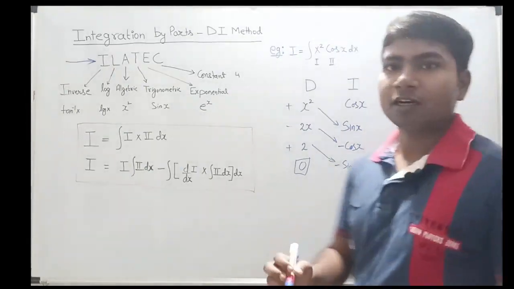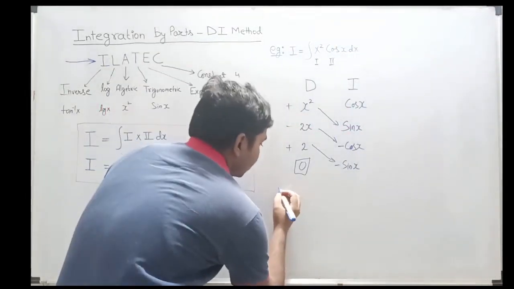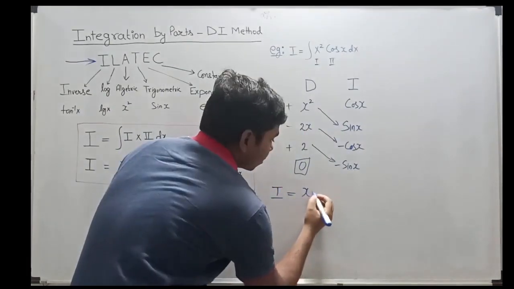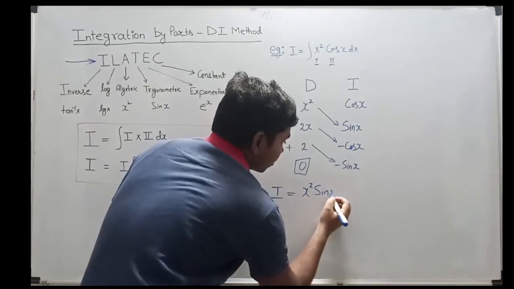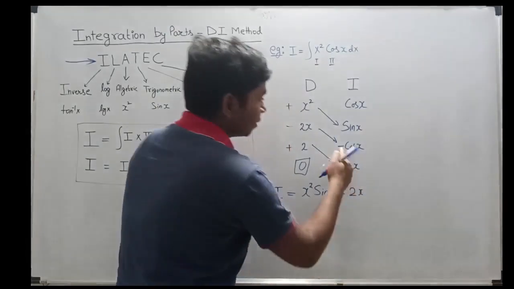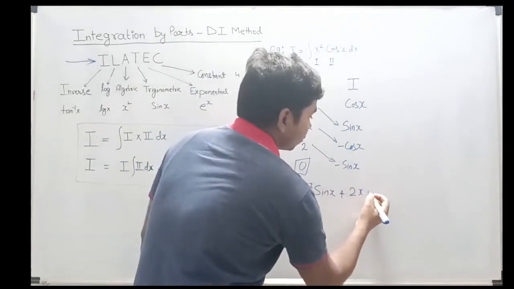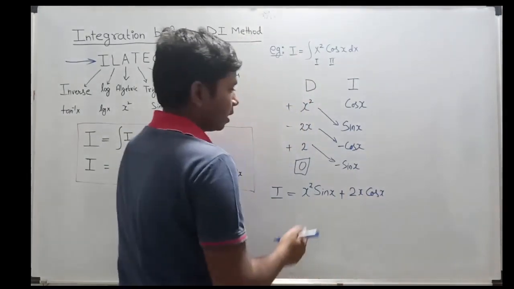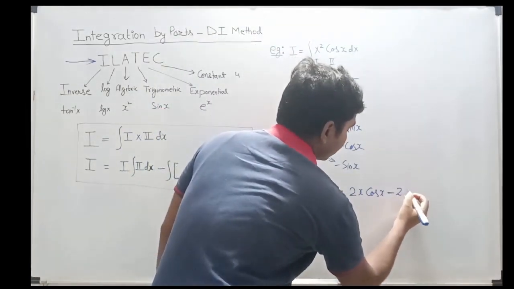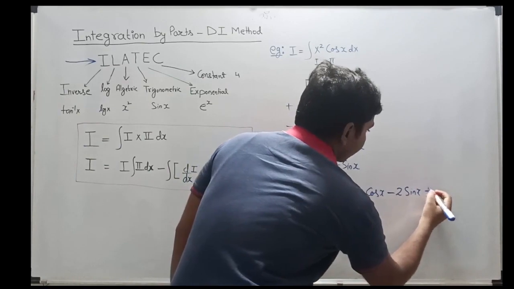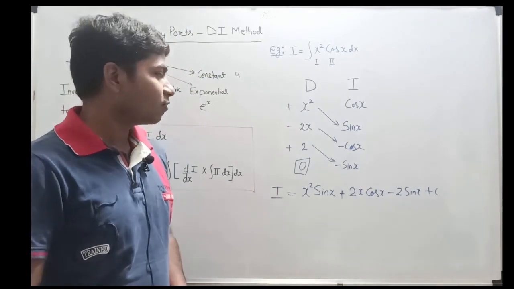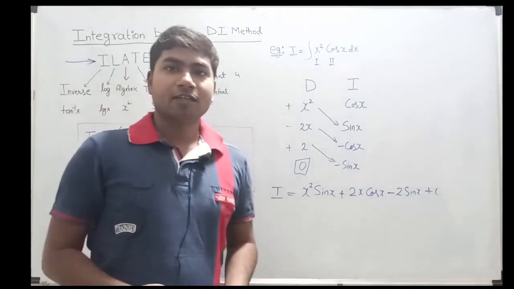So if I want to write the answer for the integration, it will be x square sin x, so minus, and then this minus will become plus, so 2x cos x, and then 2 into minus sin x is equal to minus 2 sin x, plus c. So this will be our answer for the integration. So I hope it is a very good method to solve the integration by parts.